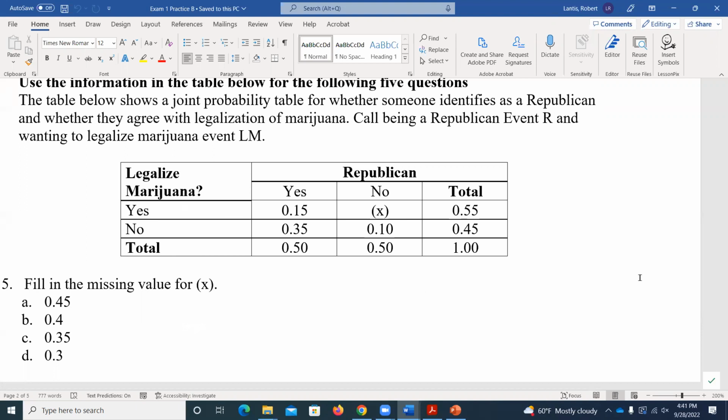Yeah, just go over 0.45. What's the probability they are not Republican? That Republican is equal to no. 0.5. And down to that total. What's the probability they aren't Republican and don't want marijuana legalized?